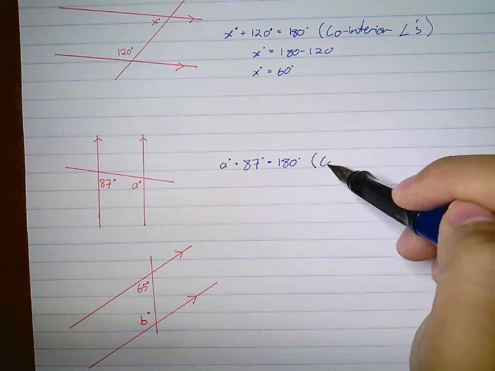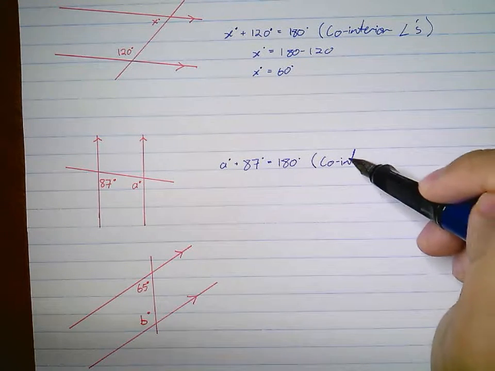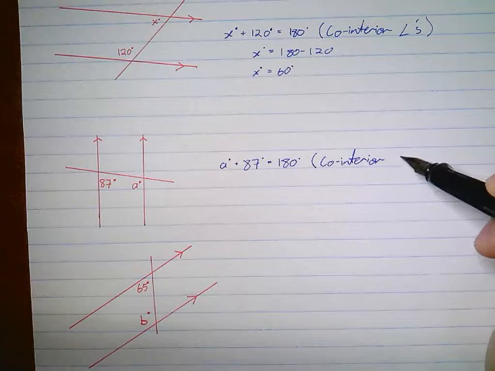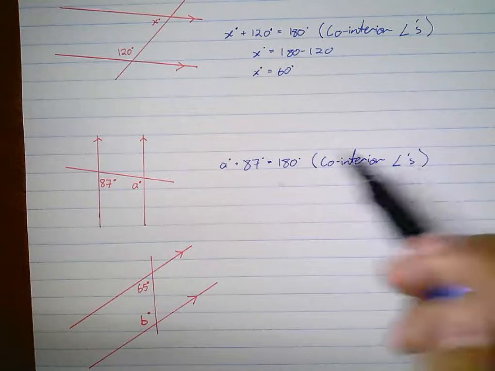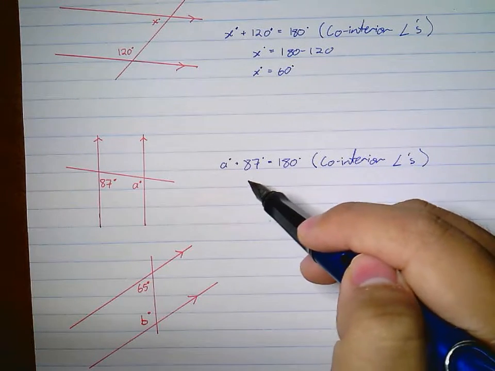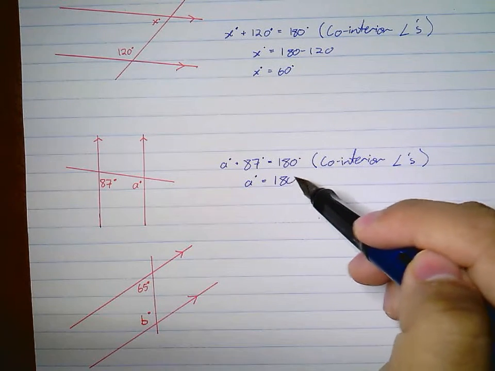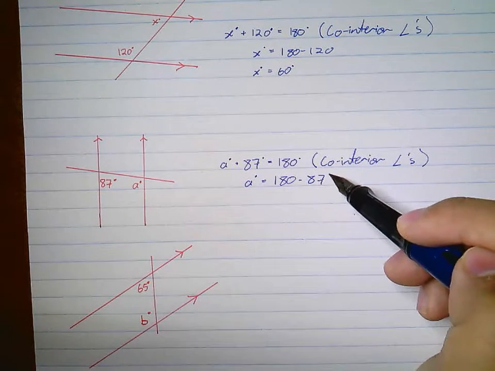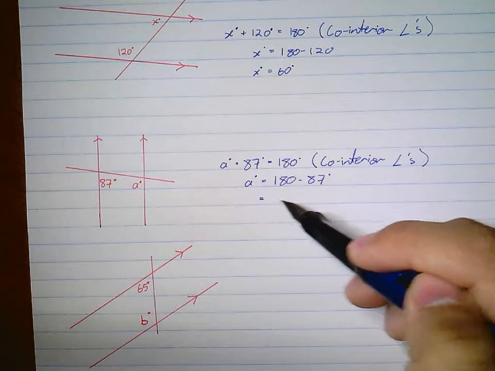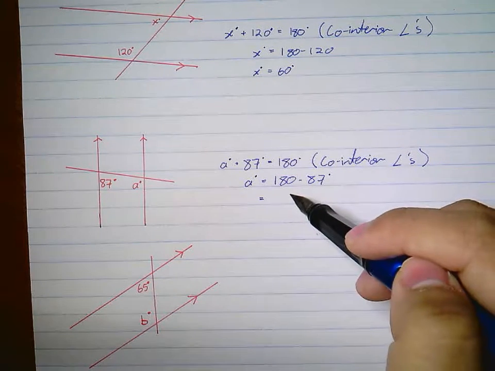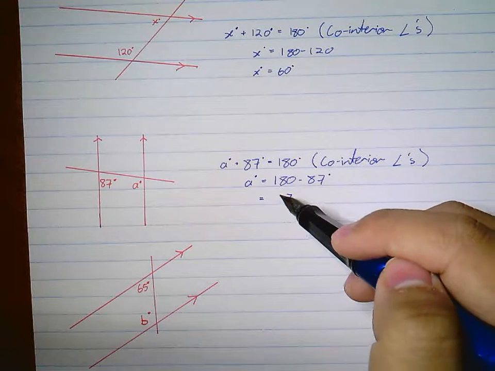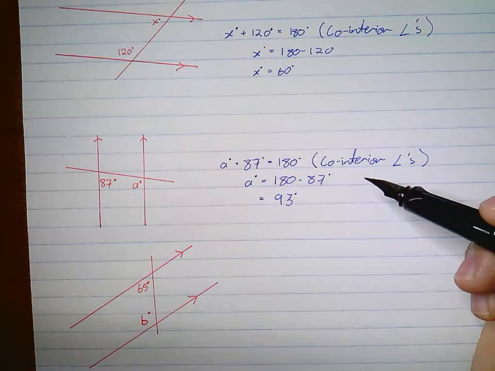And once again, the reason is co-interior angles. Let's solve for A. A will be 180 minus 87. This will give me, we need a 3 to get to 90, 93 degrees.